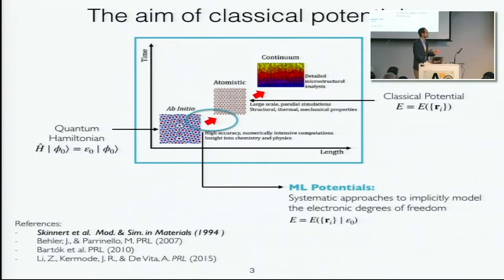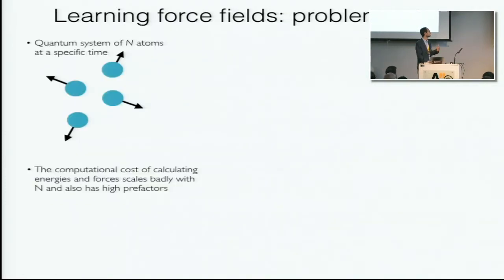This is really the task that has been approached over the last 100 years, maybe not, maybe 60 years. Traditionally it has been done in one way, now it's done in a different way, but the setup is always the same. You have a small simulation coming from a quantum Hamiltonian, typically DFT.